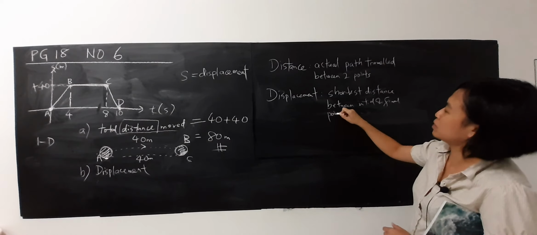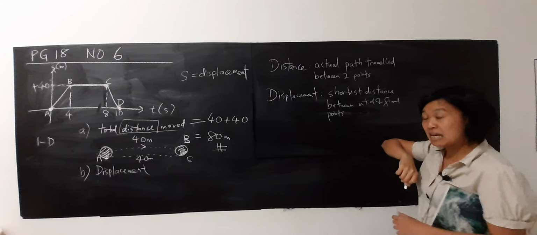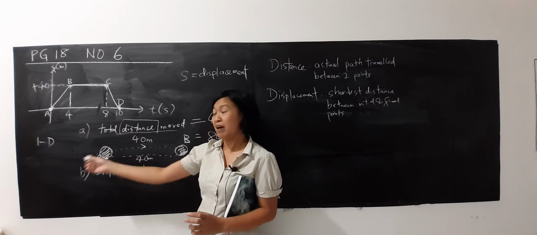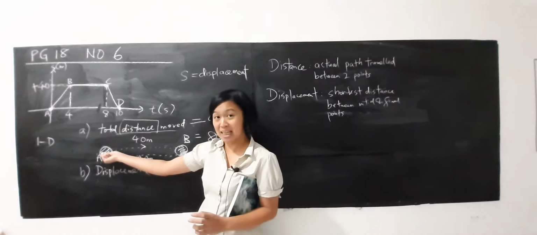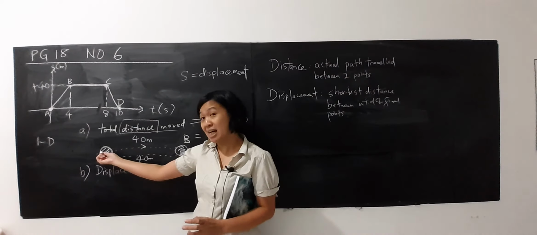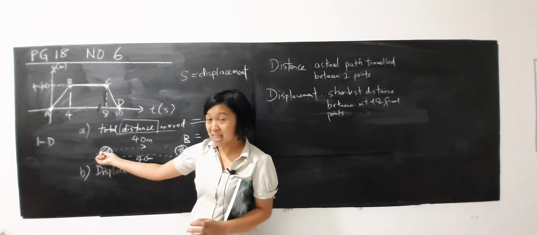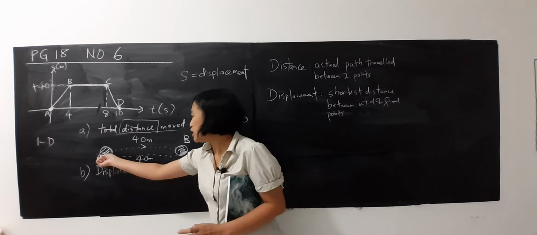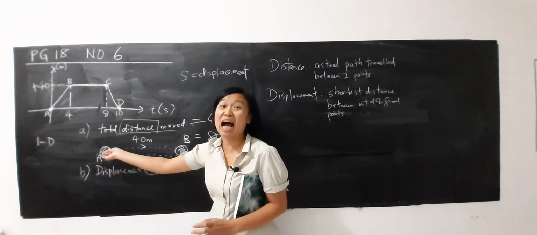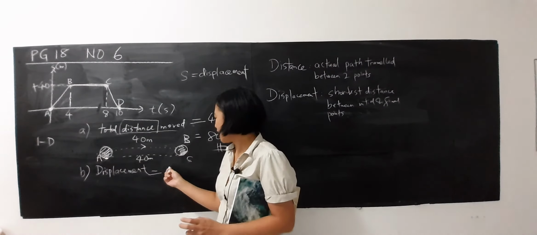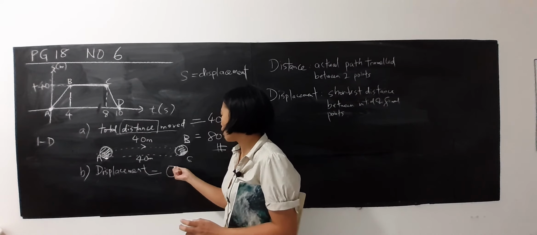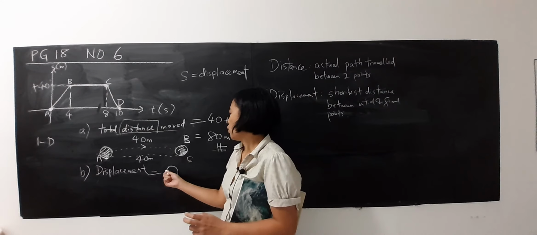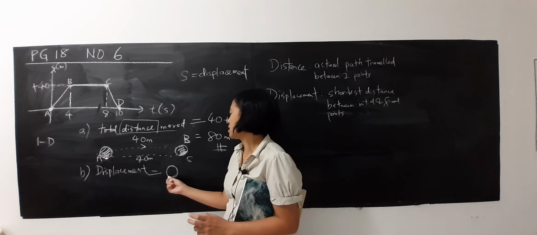So initial point kita dekat point A. Final point pun dekat sini kan. Jadi macam mana dengan nilai displacement dia? For information, kalau initial and the final point dia sama, dengan kata lain displacement dia kosong.